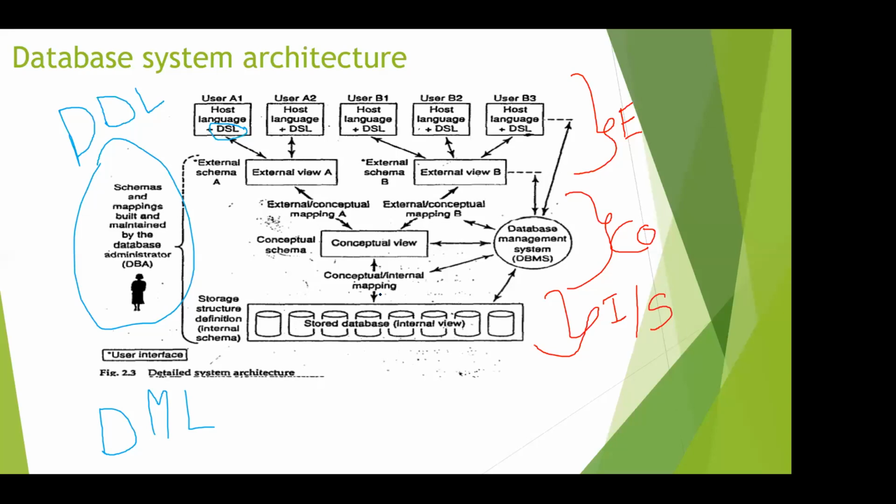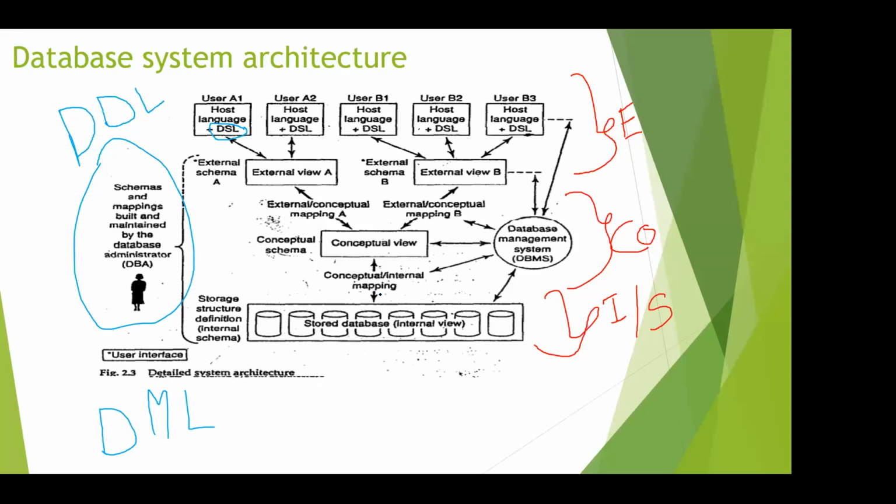Conceptual view is a view of the total database content, and the conceptual schema is a definition of that view. The definitions in the conceptual schema are intended to include a great many additional features such as security and integrity constraints.